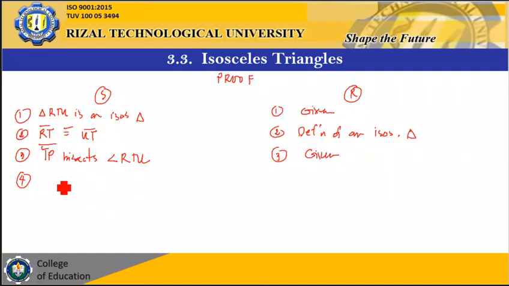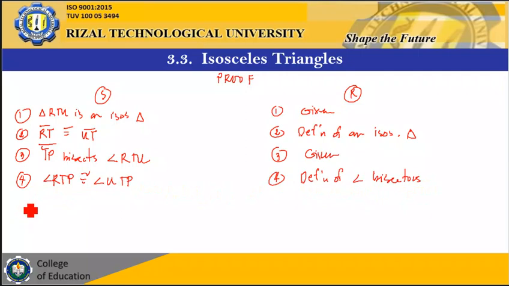So, angle RTP is congruent to angle UTP. Okay? And because of the definition of angle bisectors.